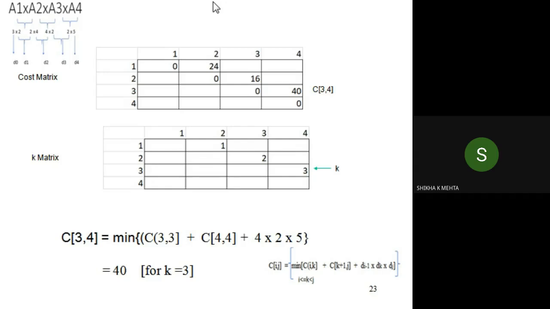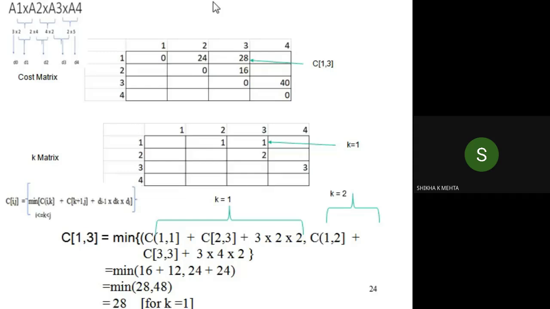The difference between the i and j values is equal to 2. That means we are going to compute the value of 1, 3, and the value of 2, 4. 3 minus 1 is 2, 4 minus 2 is 2. If we compute the value for 1, 3 and again apply the formula, k is greater than or equal to i and less than or equal to j.